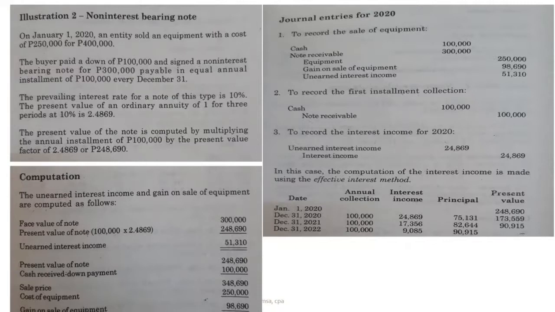Can you write your answer in the chat box? Again, the present value of 1 should be less than 1. If it is the present value of an ordinary annuity, it is more than 1. So that's 0.6209213. Okay, very good.